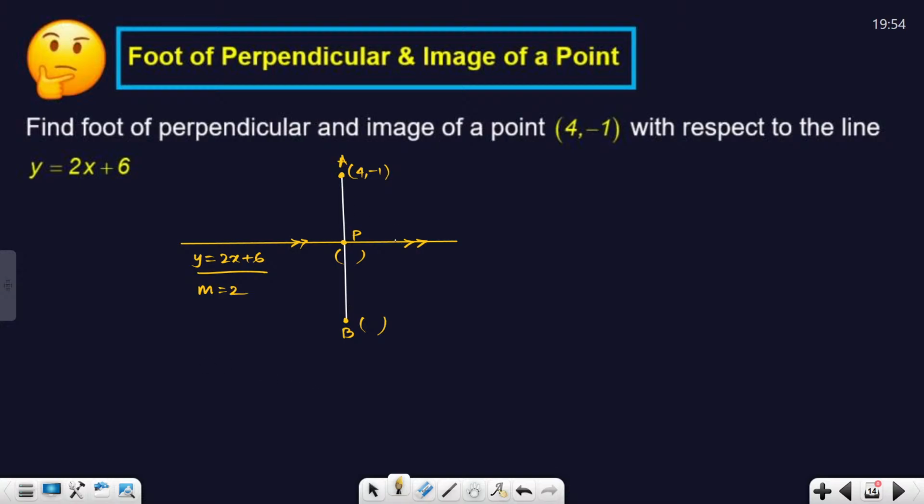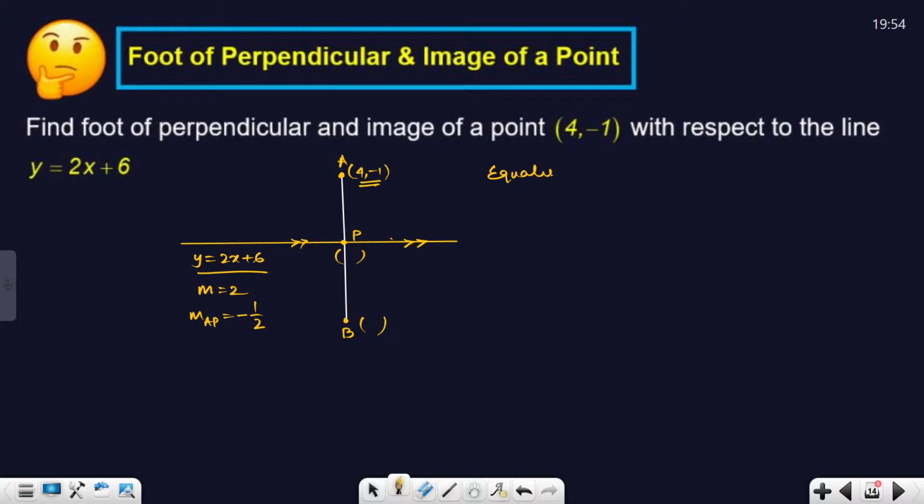Since AP is perpendicular to the line, the slope of AP will be minus half, as we all know that M1 into M2 equals minus 1 when they are perpendicular to each other. So the slope of AP is minus half and it is passing through the point (4, -1). So we know the equation of AP.